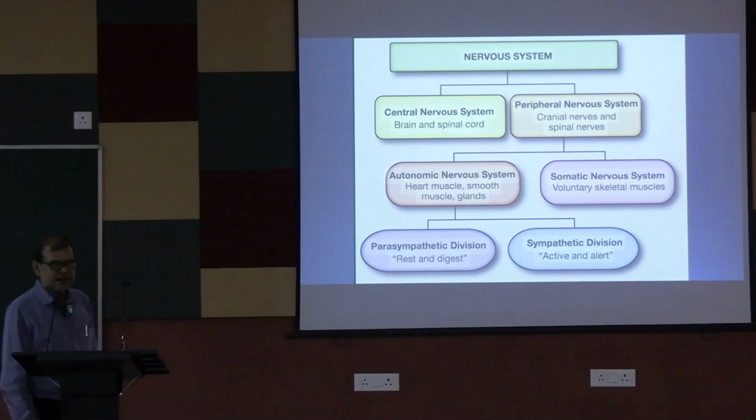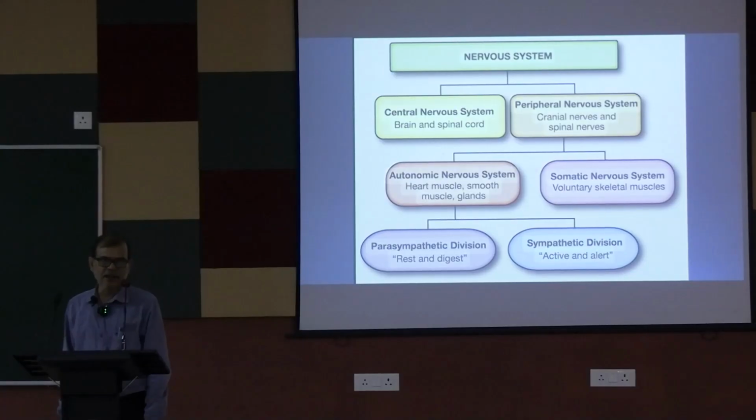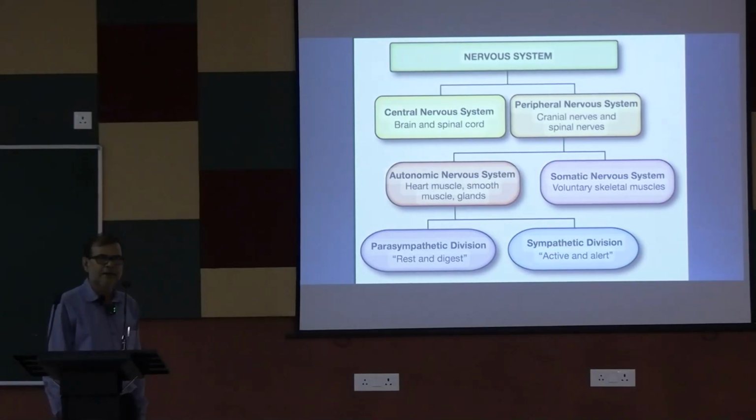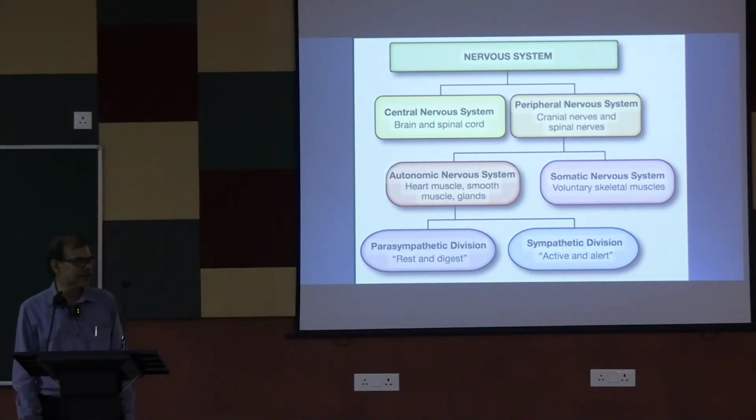The autonomic nervous system is again subdivided into two parts, the parasympathetic and sympathetic divisions. The parasympathetic division is mainly concerned with the rest and digest response, and the sympathetic division is concerned with the fight or flight response, or active and alert response.